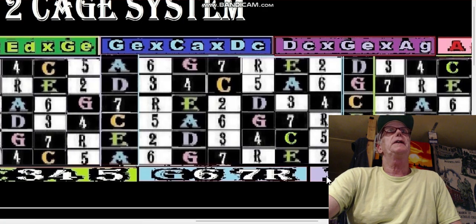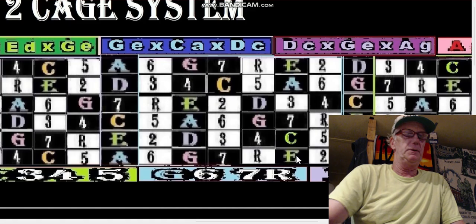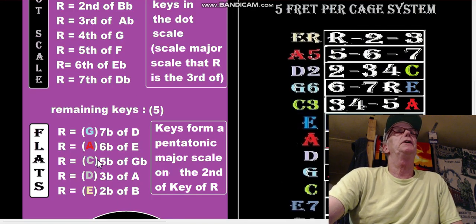We are looking at the G cage, but we're talking about it being the key of E, and that root here is now going to be what? It's the flatted second, right? Root is the flatted second. What was it? Okay, just bounce back over here. I know I don't have to do this, but I'm doing it anyway.